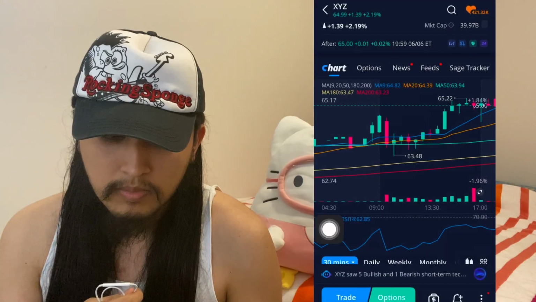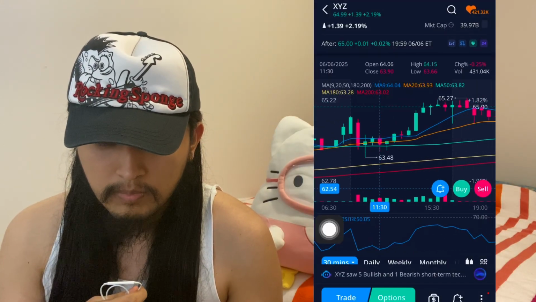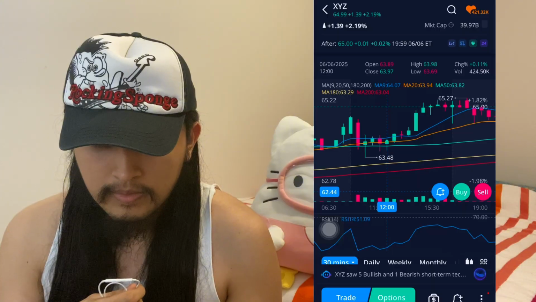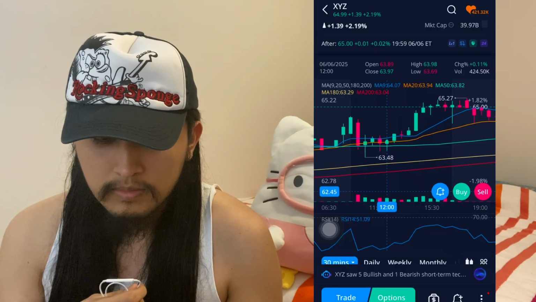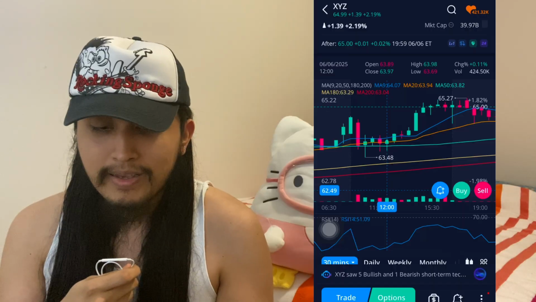And then at 11:36, which would be not this one but this candle right here, once again XYZ was having trouble breaking out of that 9-day moving average.